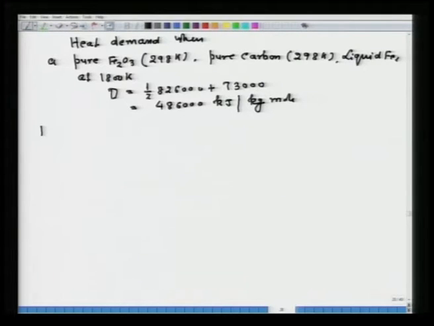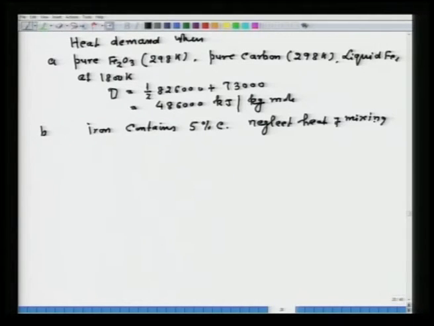Now, let us take case B. In case B, iron now contains 5% carbon. Neglect heat of mixing. Now, I am showing how the simplified model can be tuned to the actual condition. Condition number 2, iron contains now 5% carbon, that is called pig iron.